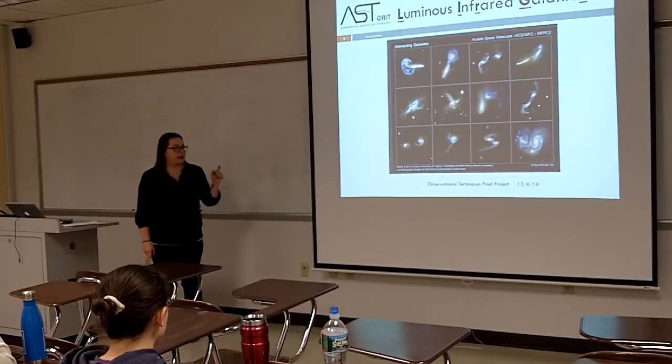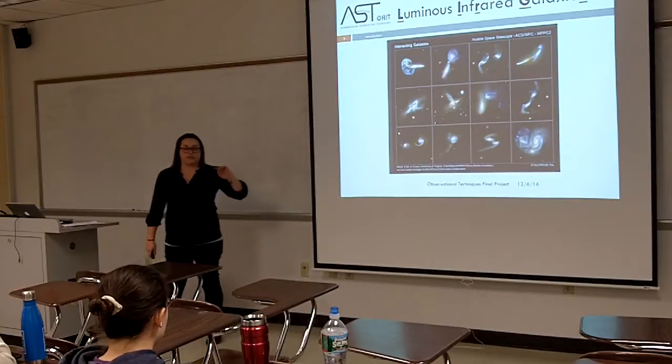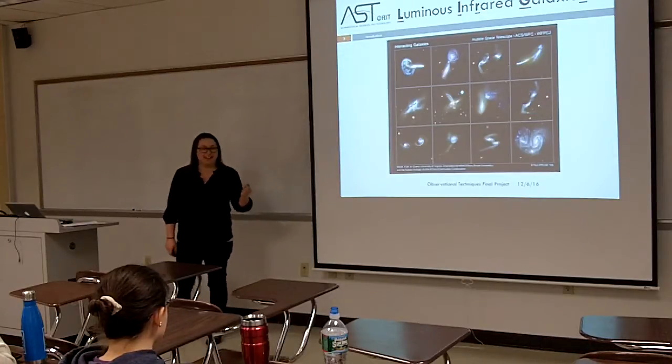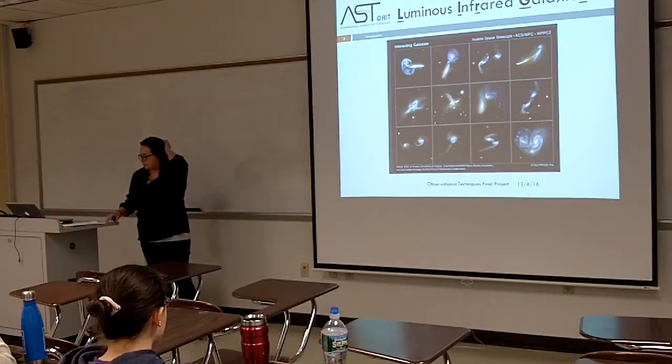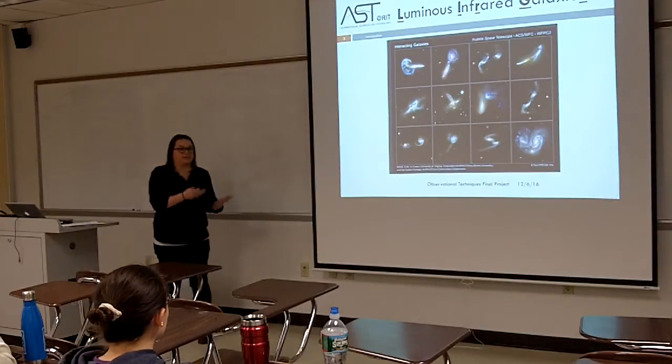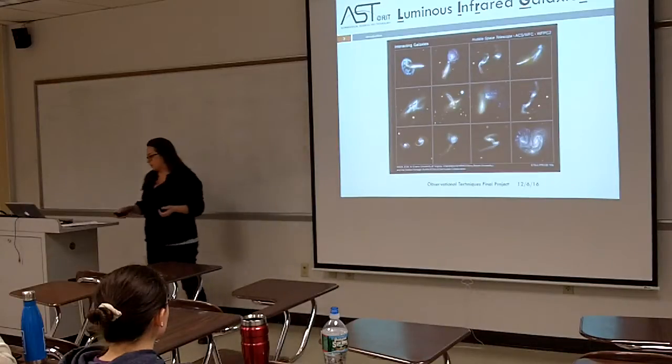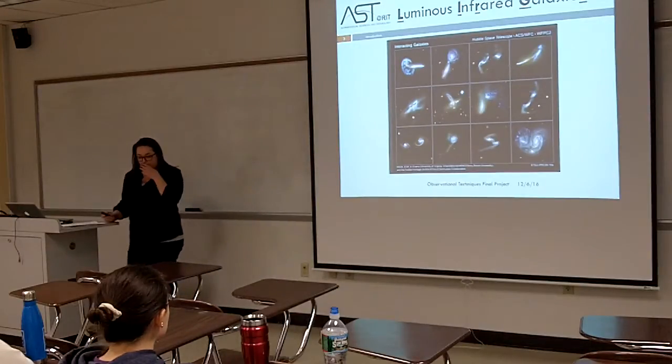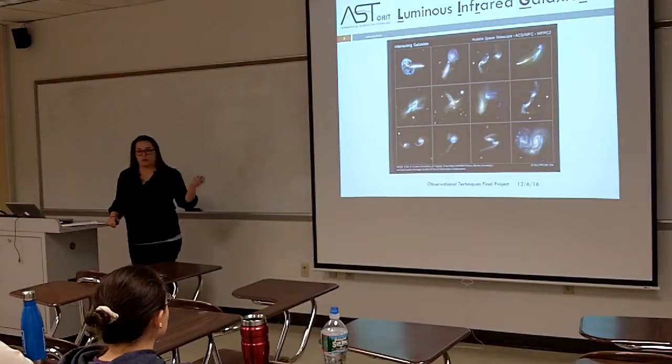And it turns out that a high fraction of these galaxies actually do have AGN, so it becomes apparent that AGN can play a role in galaxy evolution when you look at this type of situation. And this is what motivated me to use this as a topic for my presentation.